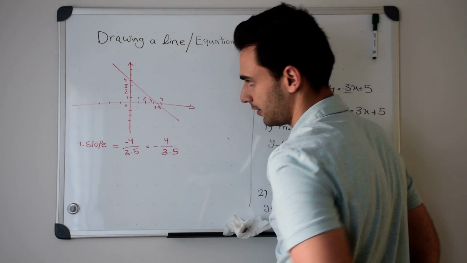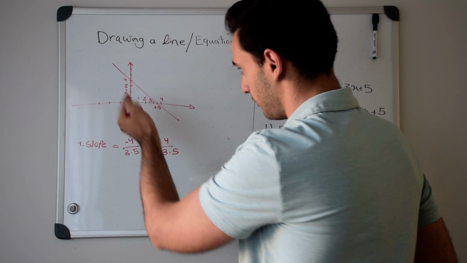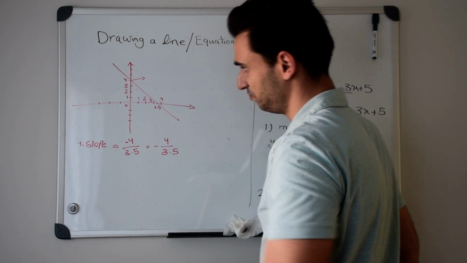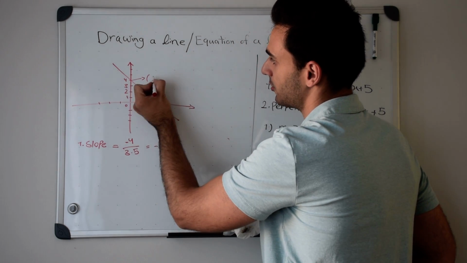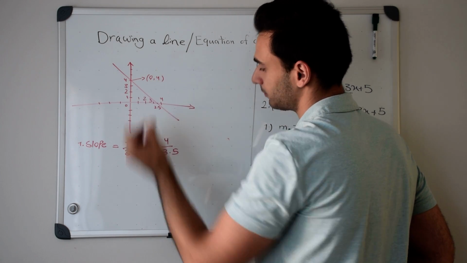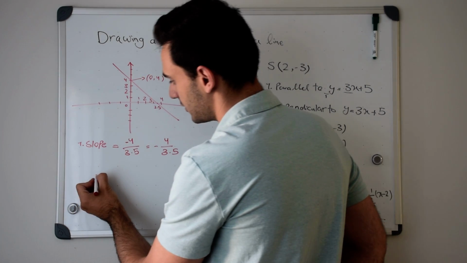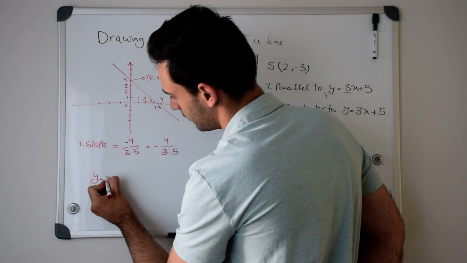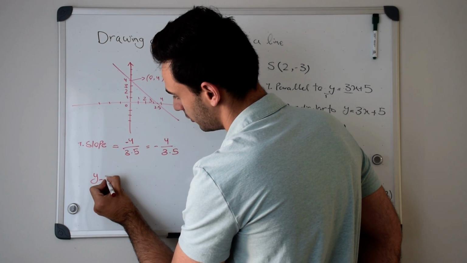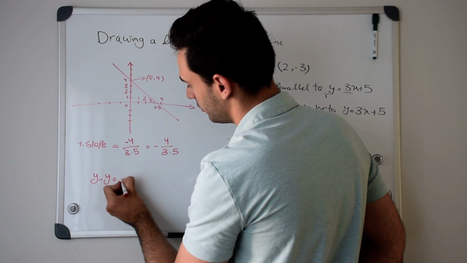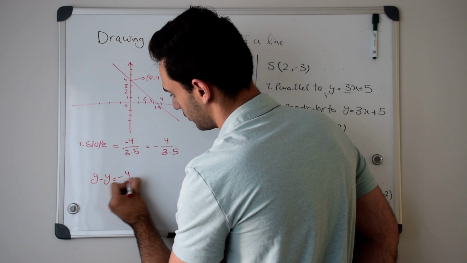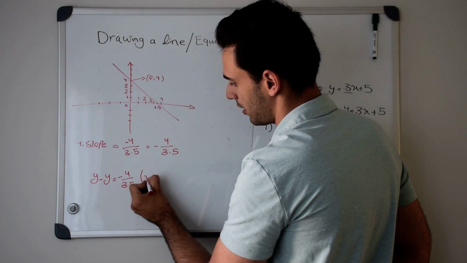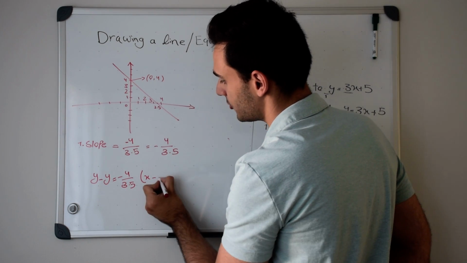What else do I need? I need one point. What point can I get? Any point of this line. I'm going to get this one because it's easy: x is 0, y is 4. There we go. What's the equation of the line? Y minus y1, which is 4, equals minus 4 over 3.5 times x minus 0.